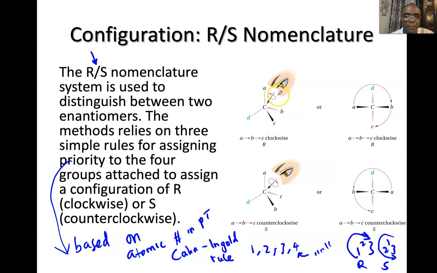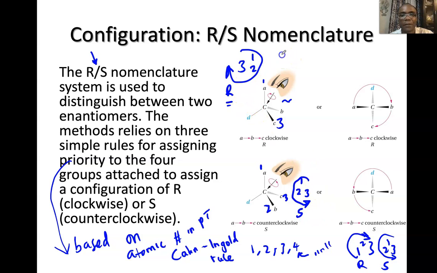Either you're looking at the molecule this way, where you have groups 1, 2, 3 going clockwise, that will be an R. Or you're looking at it this way, where group 1 will be here, group 2 here, group 3 here relative to where you're standing, going counterclockwise, that's an S. R came, I think, from the Latin word rectus, and S is sinister.